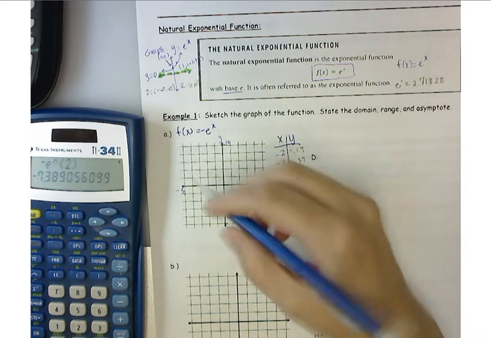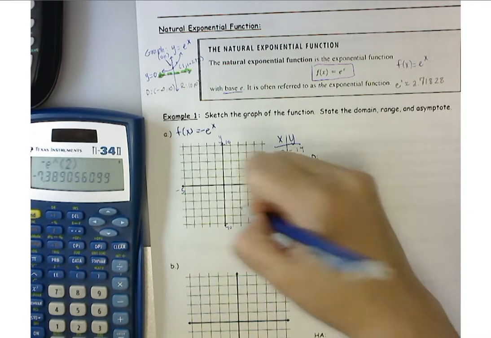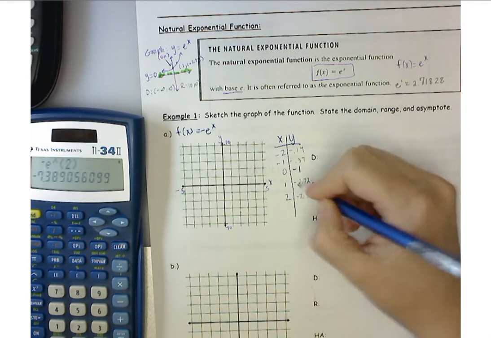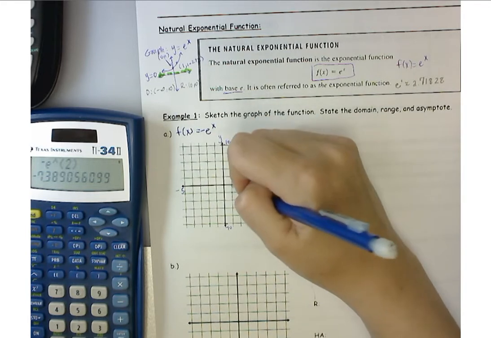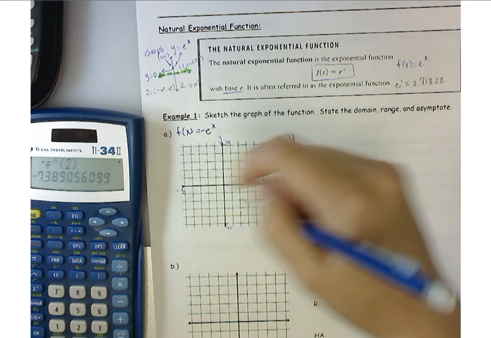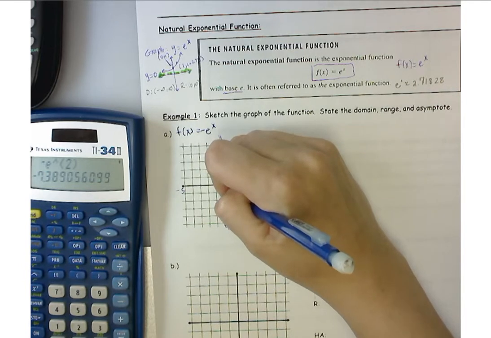All right, so at 1, 2, I'm at 2, 4, 6. And then 7.39, so I'm going to estimate about right here. At 1, I'm at negative 2.72, so 2, and then here would be 3, so a little bit below 3. At 0, I am at negative 1, which would be halfway.